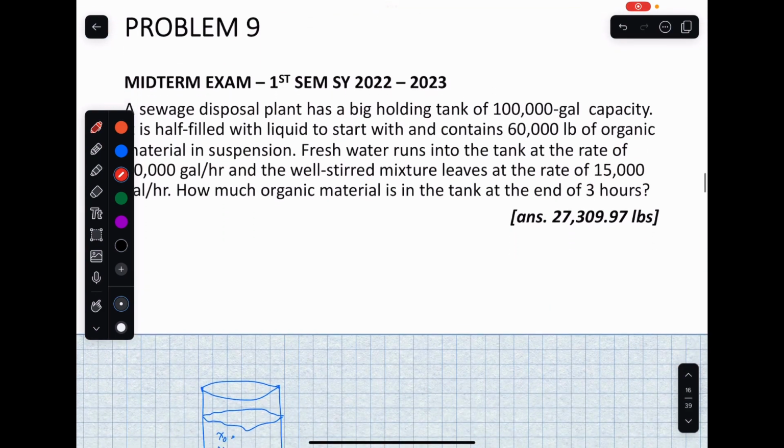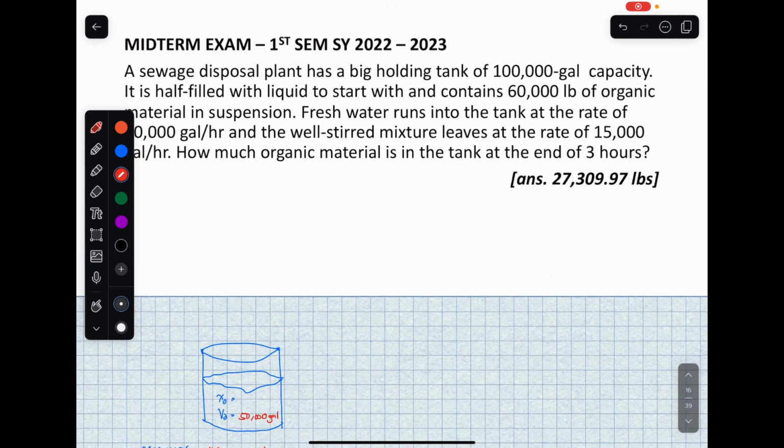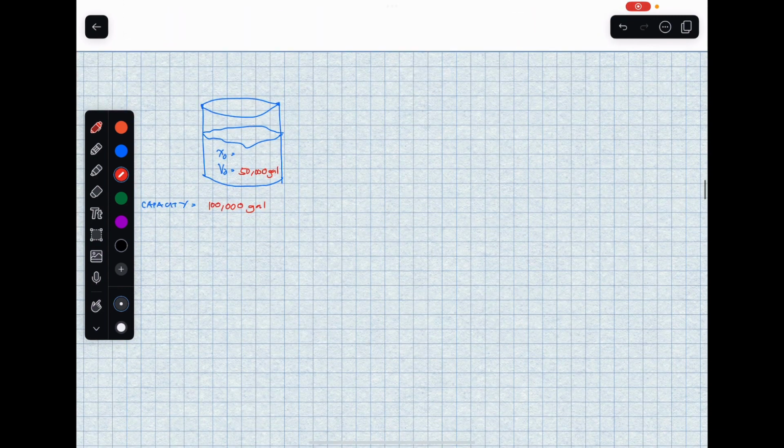And then there's an organic material in suspension. Since this is a sewage tank, there's something inside, which is 60,000 pounds.